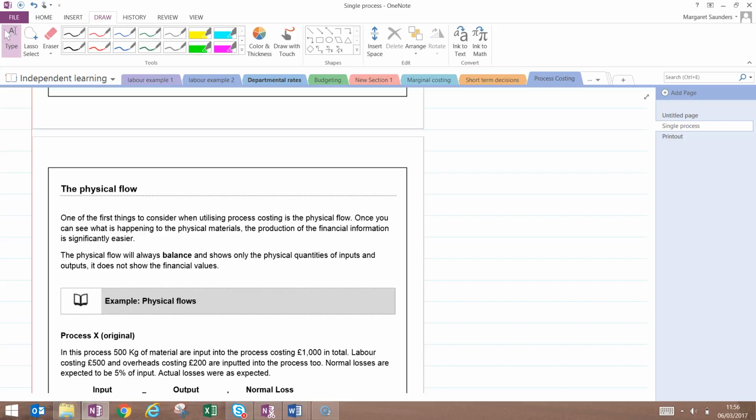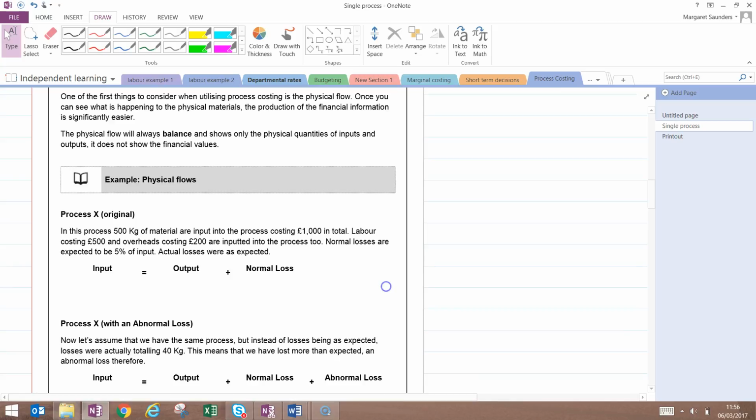So if we look at a couple of examples. In this first example, 500 kilos of material are input into the process, which costs £1,000. Labour costs £500, overheads cost £200. Now for the moment, we're only interested in the quantities. So we input into our process 500 kilos.